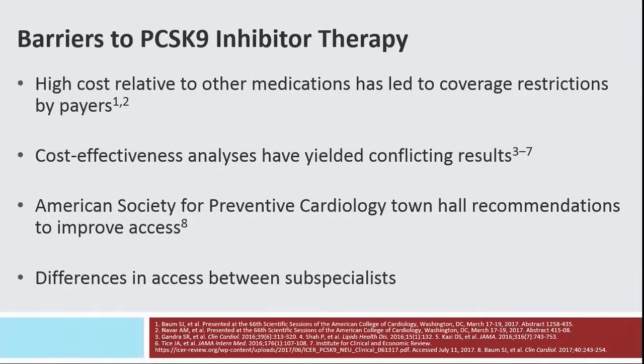There's been town halls by the American Society of Preventive Cardiology to try to improve access and teach providers how to make that prior authorization less painful. And it looks as though lipidologists do get some preference to the prior authorizations, cardiologists too, and endocrinologists, but the general internal medicine and family practice seem to have a much harder time getting authorizations, even if they fill out the documentation well.